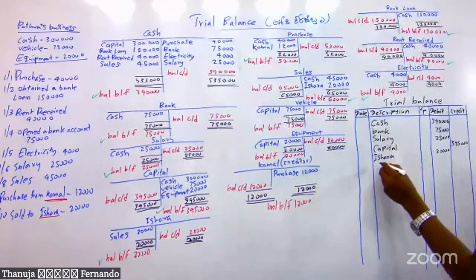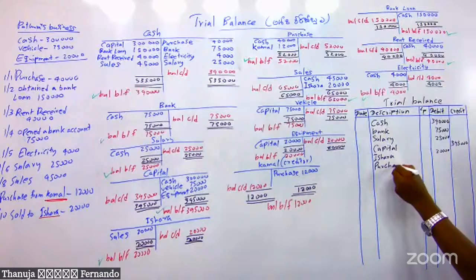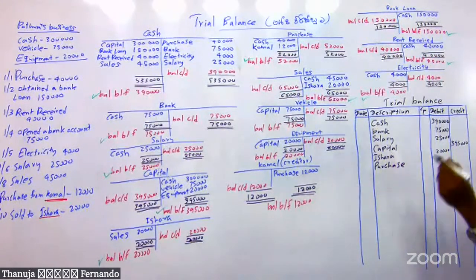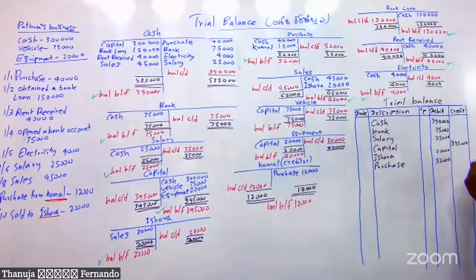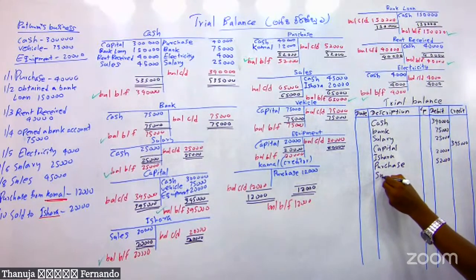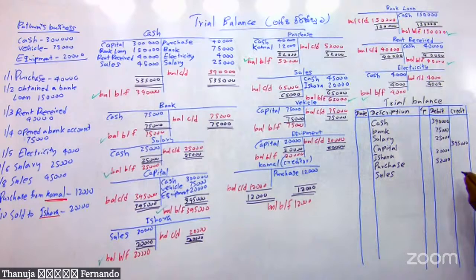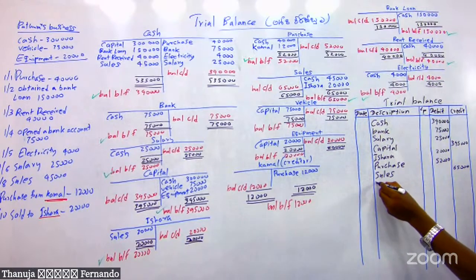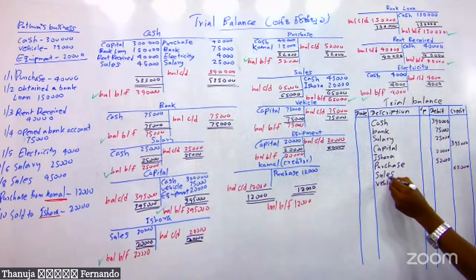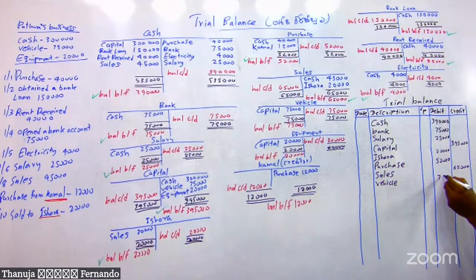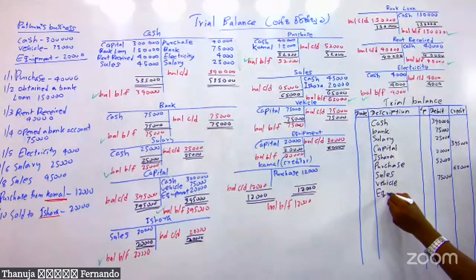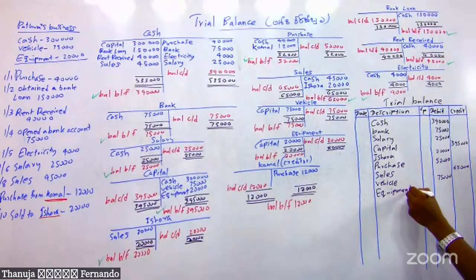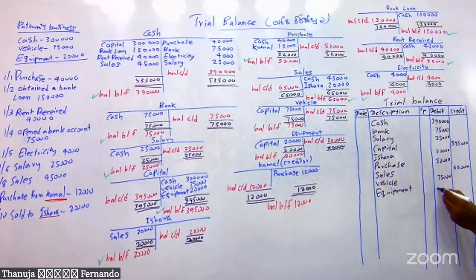Right. Then purchase debit 52,000. Then sales credit 65,000. Then vehicle debit 75,000. Then equipment debit 20,000.